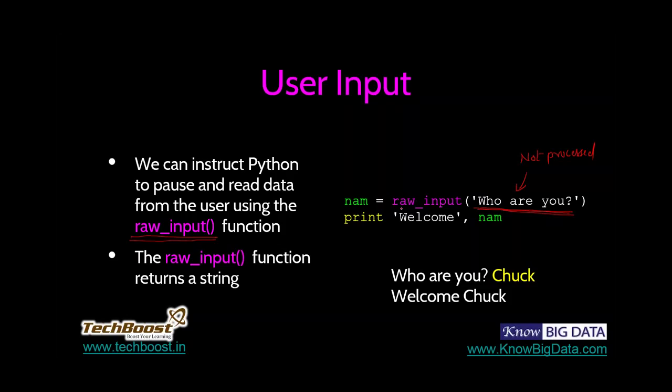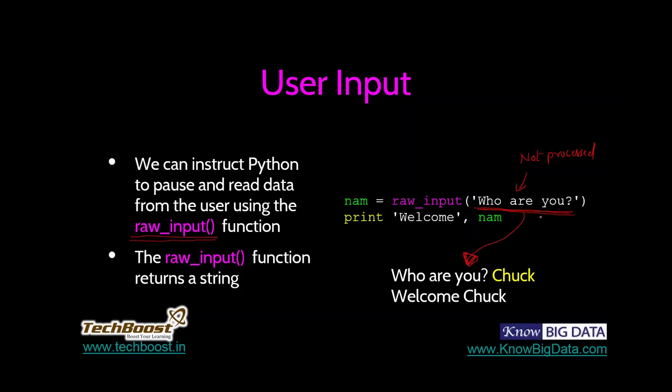So let's see what we are trying to do here. We have the function raw input. It takes the string "who are you" as an input. Now this is a help string which will be displayed to the user, telling what the input is, what the type of the input the user is looking at.